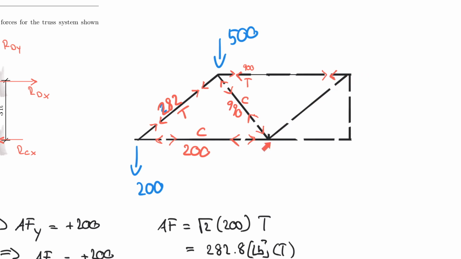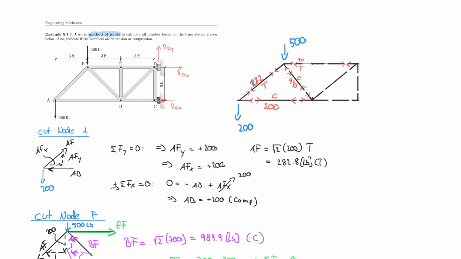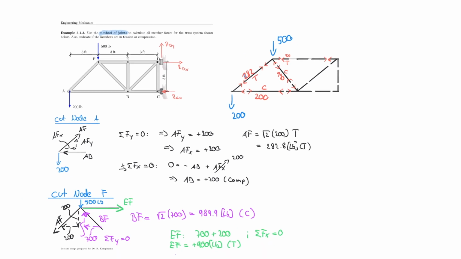So let's move down to the node down here, which is actually node B. So notice that because I have kicked out the zero force member, now I have only 2 unknowns left, so I can do that, right? I already calculated these 2, I eliminated the zero force member, and now I can focus on these 2. So let's look at that.